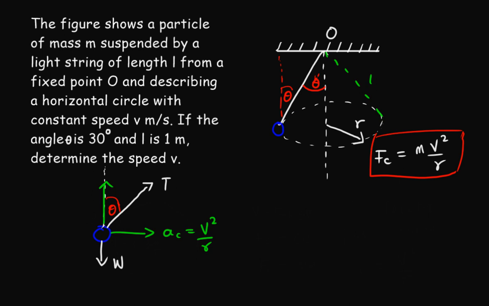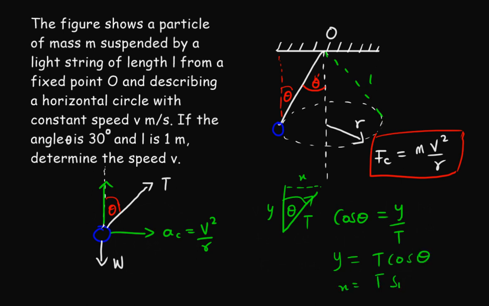Okay, so now all you have to do is to know the x and the y component of the tension force. So let's look at how you are going to do this. So let's say I have this triangle here, I have theta here. Then this is the y part, this is the x, right? So when I take cosine of the angle theta, cosine of theta will be equal to the adjacent over hypotenuse. So let's make the hypotenuse T. So that will be y over T. So in that case, you are going to have y equal to T cosine theta, and then x will be equal to T sine theta.